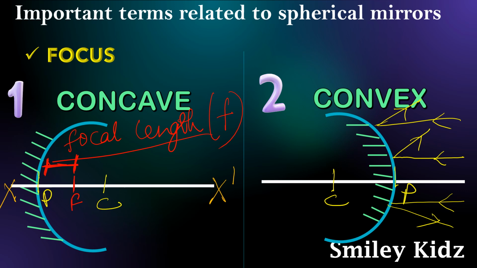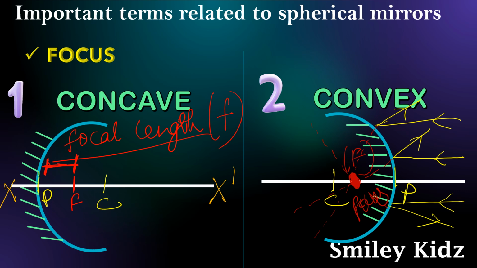Obviously not. But when I extend these rays backward, behind the mirror, I observe a common point of intersection, and this point of intersection is termed as the focus of the mirror, denoted by capital F.